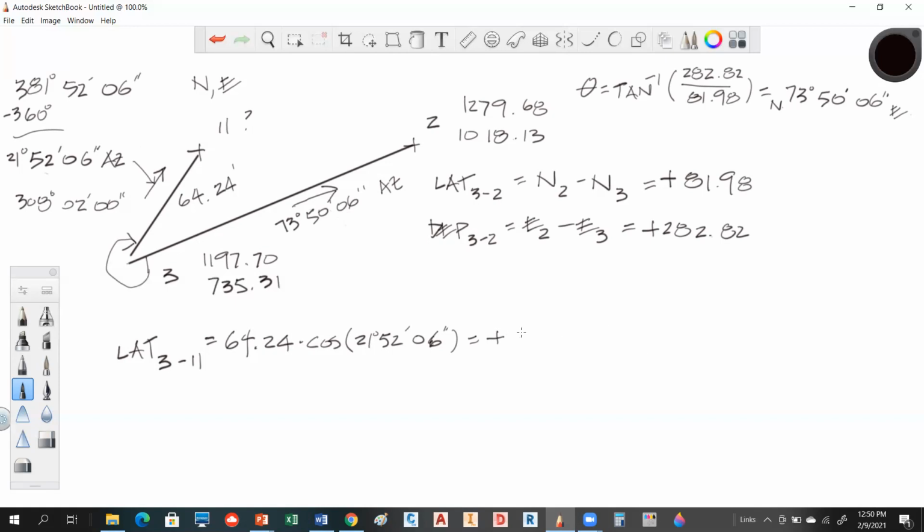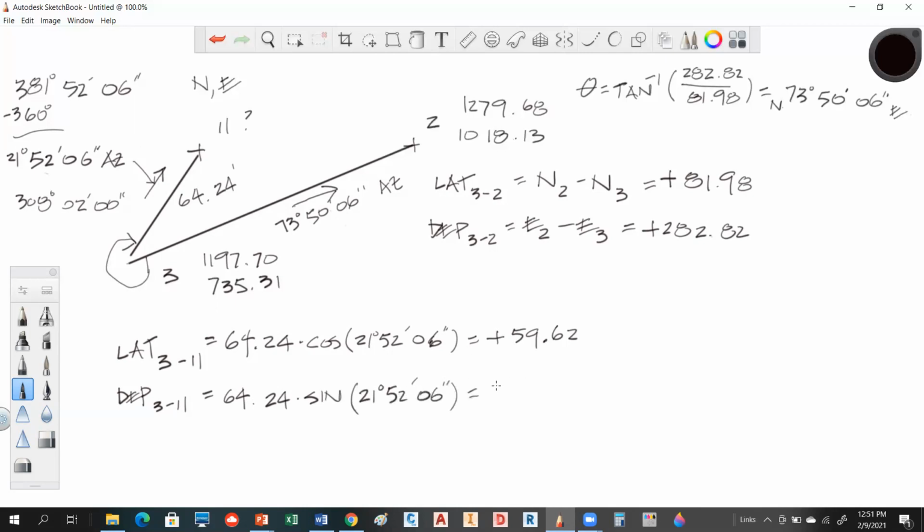If I did this right, I get 59.62. Anybody agree with that? Yes. Okay. So the departure in this case, from 3 to 11, would be the distance 3 to 11 times the sine of the direction 3 to 11, and we're using an azimuth.